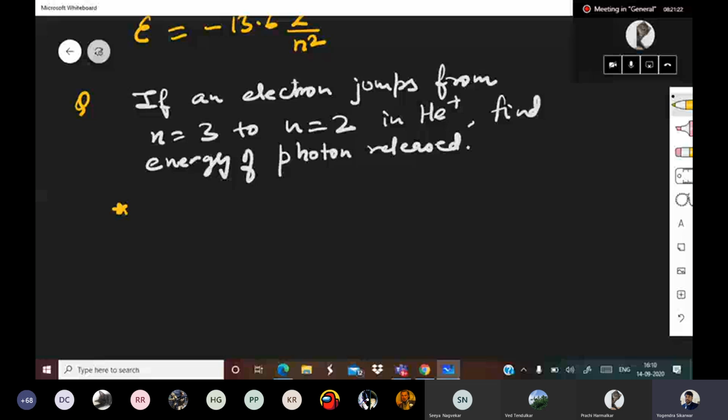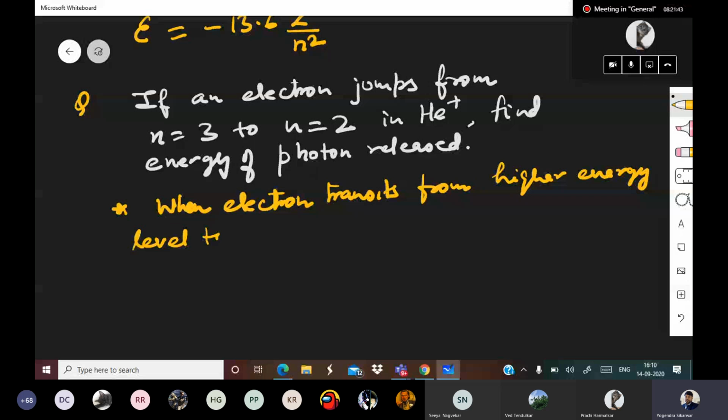So the takeaway is: when an electron transits from a higher energy level to a lower energy level, energy is released.